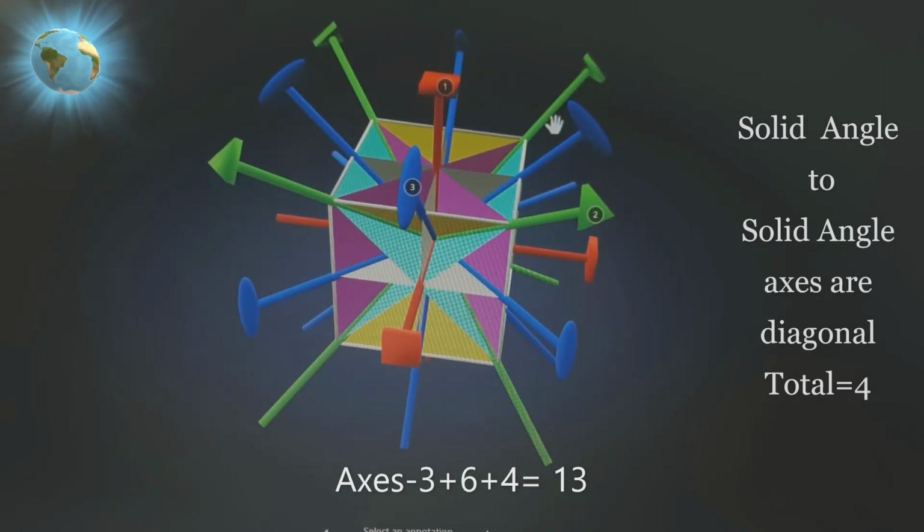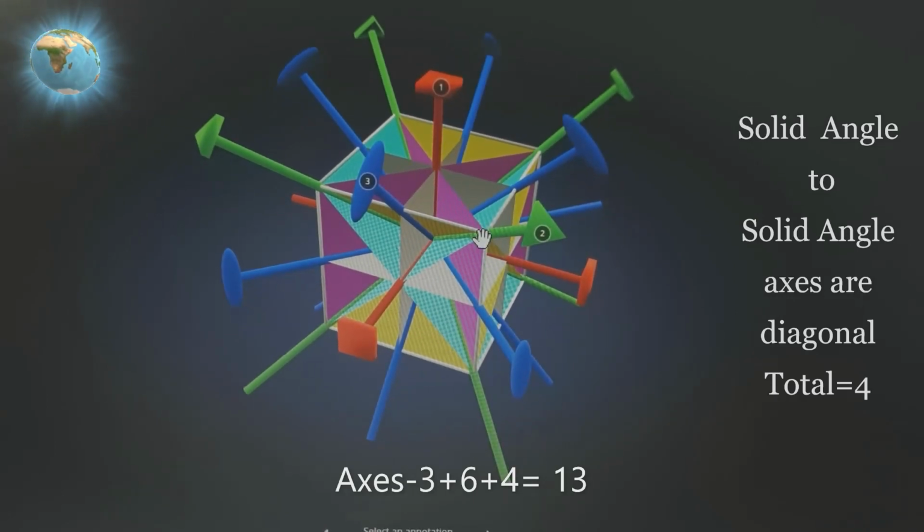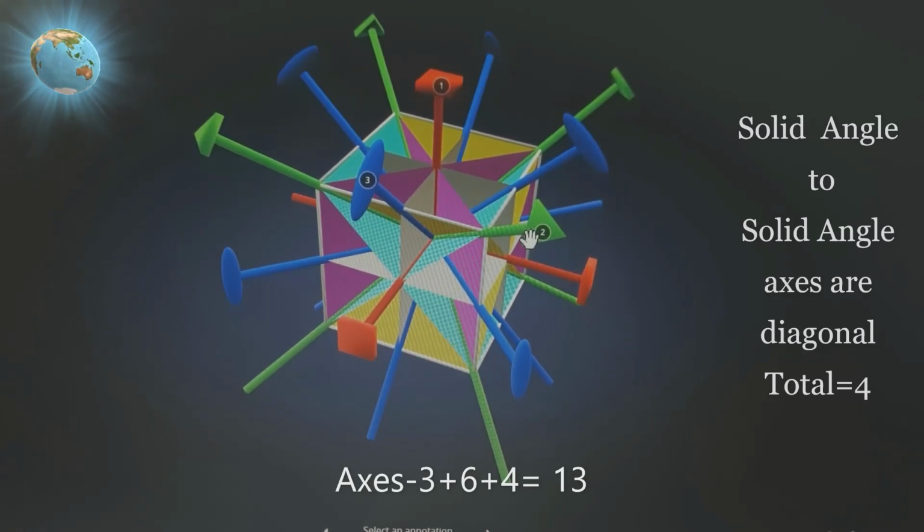Top 4, middle 2, they are 6. And solid angle to solid angle going, this is solid angle. There are 4 solid angles, 1, 2, 3, 4, which covers bottom solid angles also. So 4 axes which are going from solid angle to solid angle, that is total 13 axes of symmetry.